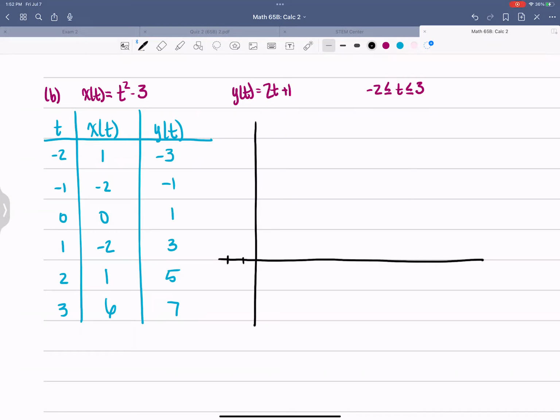So -1, -2. All right, so when x is 1, y is -3. So 1, 2, 3. This is t equals -2. And moving on from there, we have -2, -1, and 0, 1. When x is 0, y is 1. -2, 3.